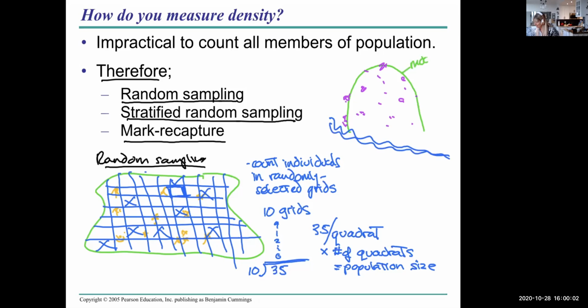So this is a mountain. These are plants. I should label these things too. This is a large field. These are a grid of quadrats.